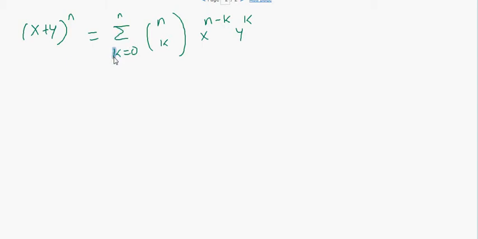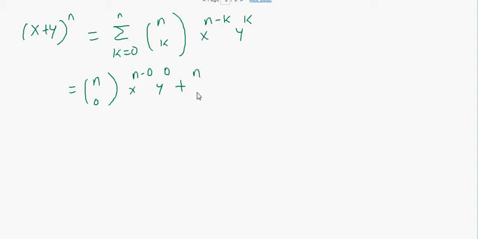The sigma indicates that it's a summation, which means as k runs from 0 to n, the first term would be n choose 0, x to the power n minus 0, y to the power 0, plus, because it's a summation, all the terms from 0 to n.